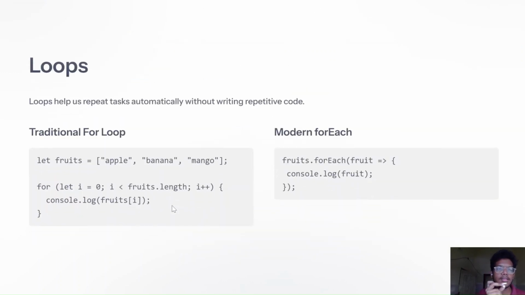Now let us discuss loops. Loops are used to repeat code without wasting more time and space complexity. Usually, in the traditional for loop, we have declared an array and we are traversing from left to right.